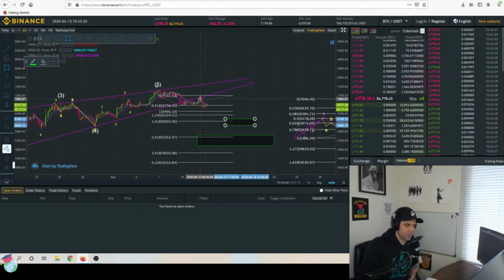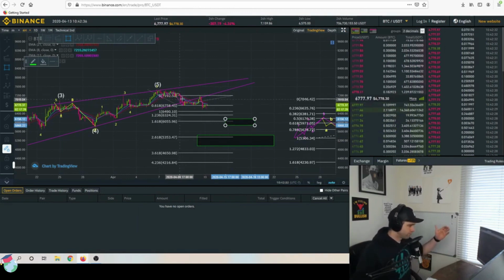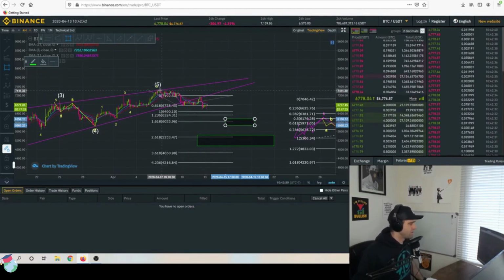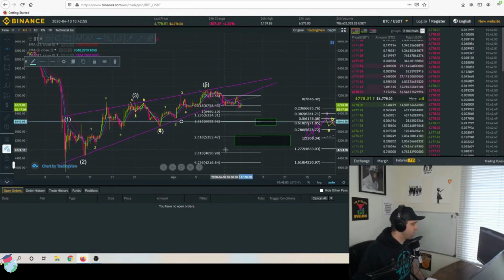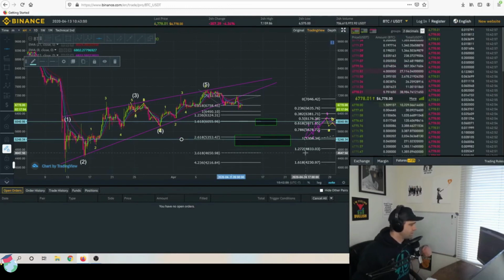It does hit quite often, the C wave hitting the 1.618 of the A to the B, right? So we're taking our extension from the top of A to the bottom to the top of B, and we look for a 1.618. What does that line up with? That lines up with quite a bit of other support down in this area. This was our golden pocket zone. So you guys, you see here, we want to take everything together and kind of try to find our targets.